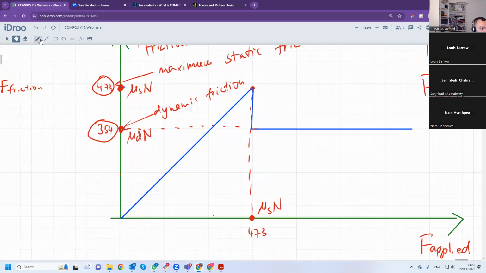Static friction is less than the dynamic friction here, and it's only bigger in a very small section where the static friction is greater than the dynamic friction. So this is static friction, and this is dynamic friction. The static friction is typically less, but the maximum static friction is greater than dynamic friction.